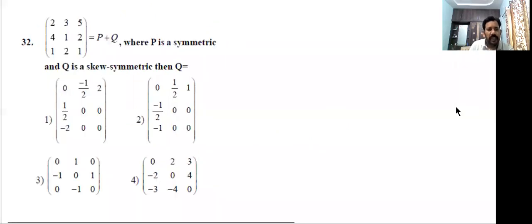This problem was given in the September 2020 Mains. See here, the matrix P plus Q is given. And here P is symmetric, Q is skew symmetric. P is a symmetric matrix, then what is the condition? P transpose is equal to P. Q is skew symmetric, then what is the condition?